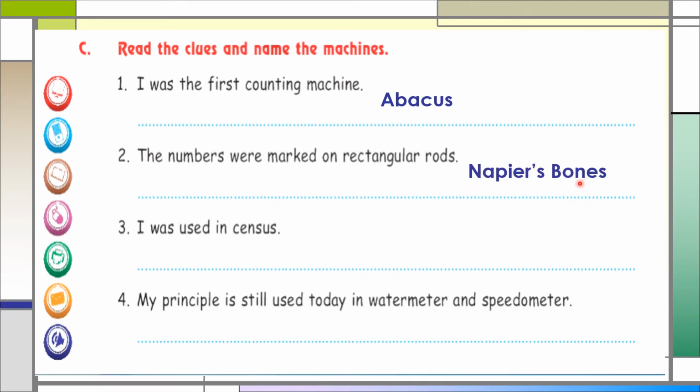Napier's bones. Number 3. I was used in census. Tabulating machine. Number 4. My principle is still used today in voltmeter and speedometer. The answer is Pascaline.